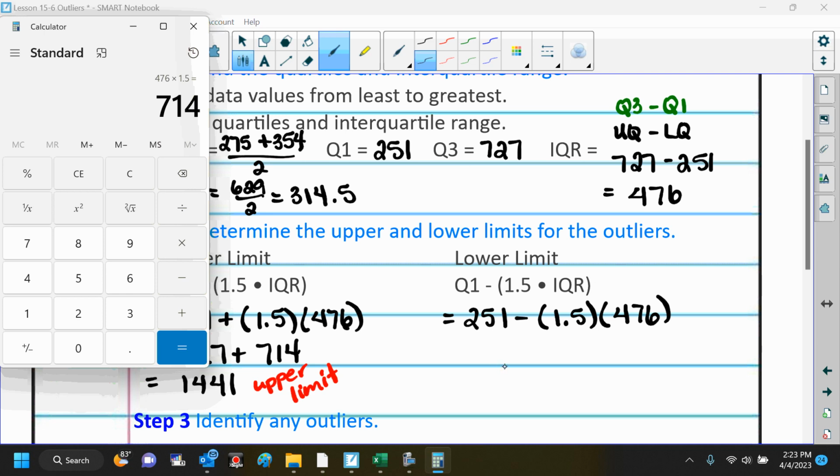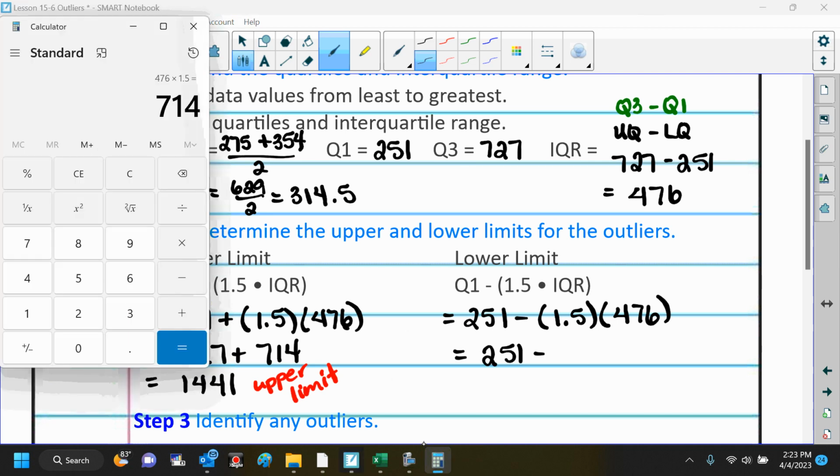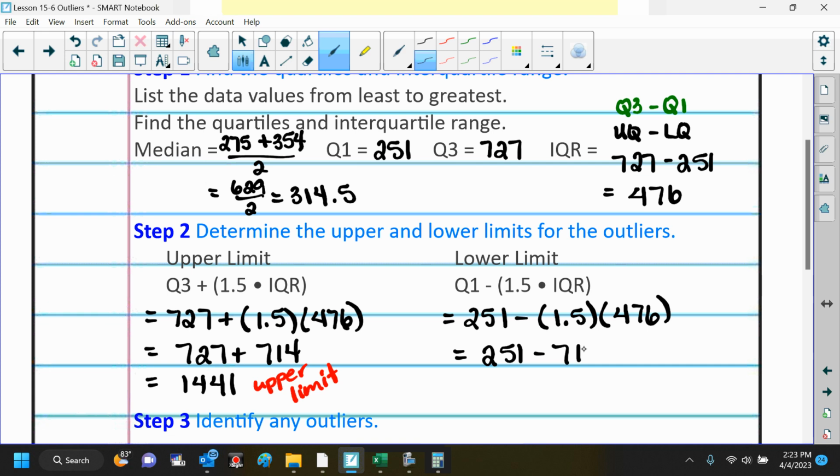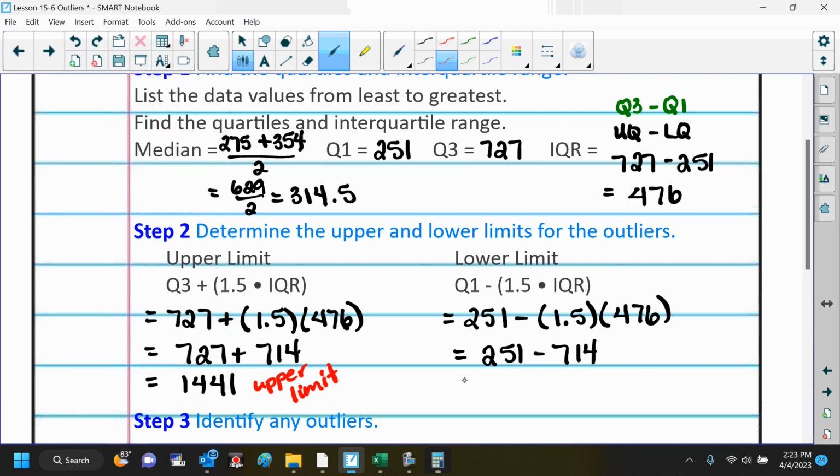So we've got 251 minus 714, and of course you know that when we do keep change, that's going to give us a negative number, right? The calculator does it for you. So 251 minus 714 is going to give us negative 463.